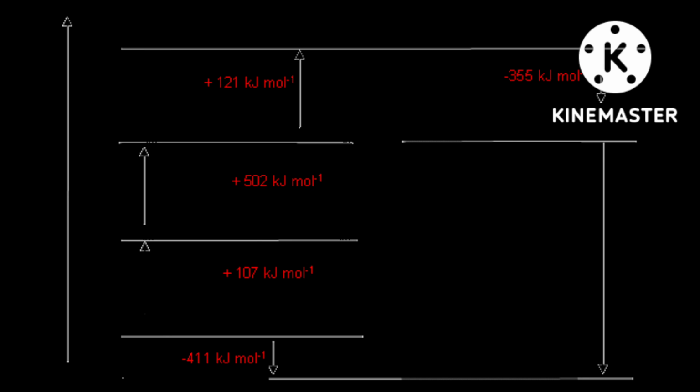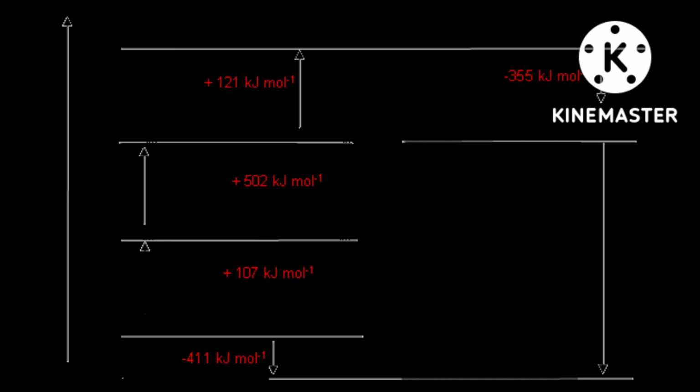Then 2 products are there. Calcium carbonate, after decomposition, gives 2 products, calcium oxide plus carbon dioxide. Then you first write the product values. Calcium oxide value is minus 635.1 kilojoule per mole. And for carbon dioxide, only 1 mole is there, so you multiply by 1.